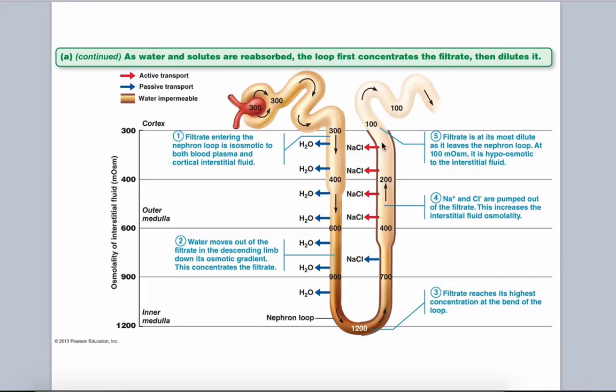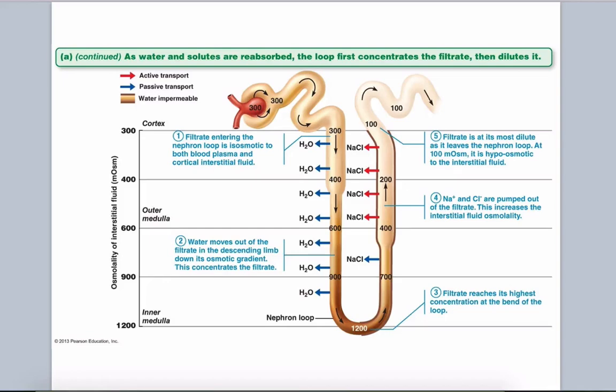But by the time the filtrate gets all the way out to the distal convoluted tubule, notice how it's now much less concentrated than the initial filtrate was. Now, this might seem like an exercise in futility, but it'll make sense why this is done, for a functional reason, in a little bit. Just sit tight for that explanation.